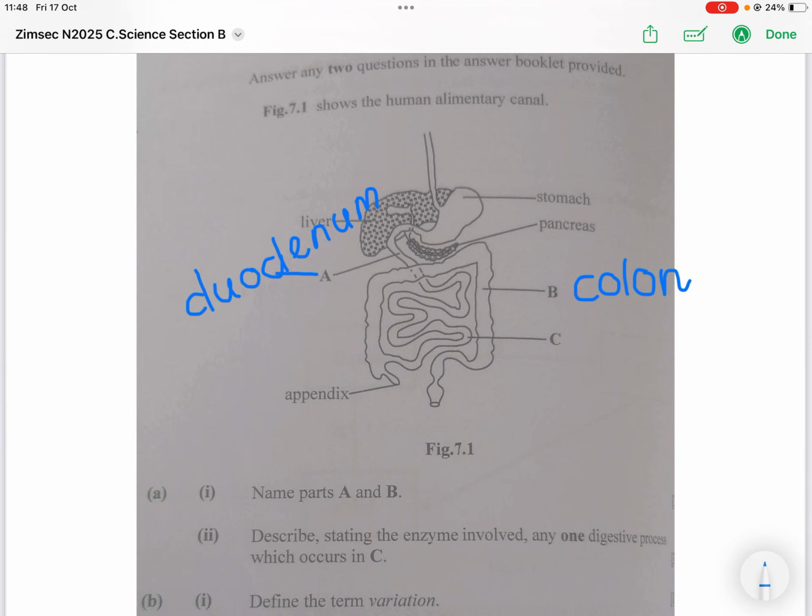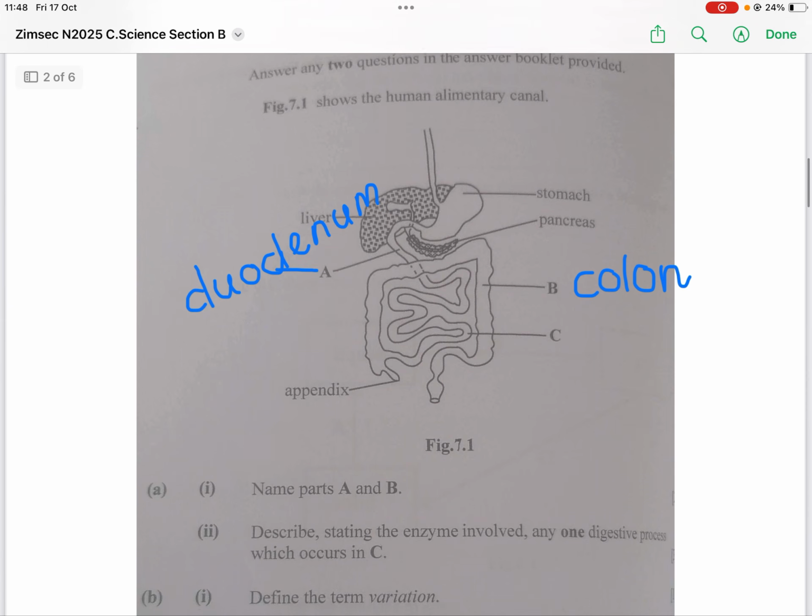It breaks down maltose into glucose. We also have peptidase, which breaks down peptides, which are short chains of amino acids, into individual amino acids. This is the final stage of protein digestion before absorption into the bloodstream.